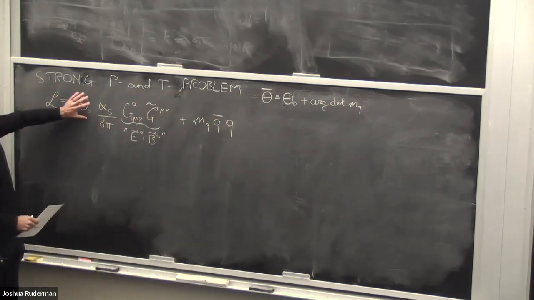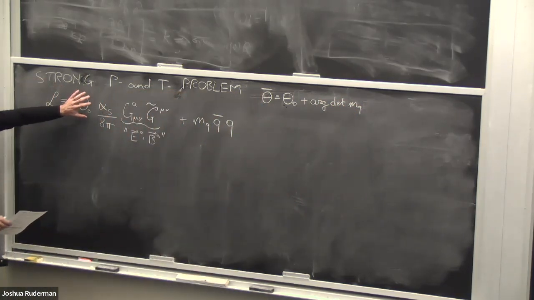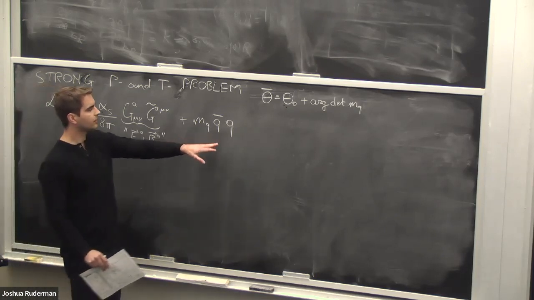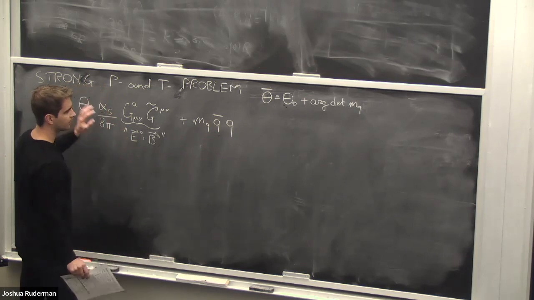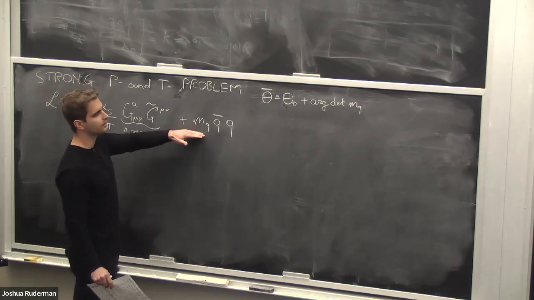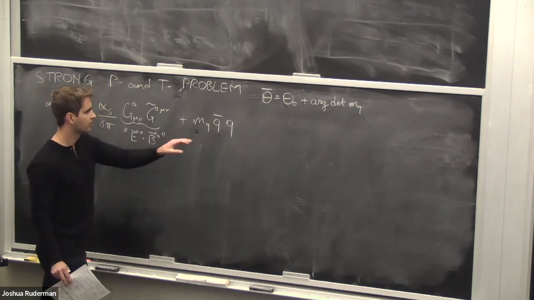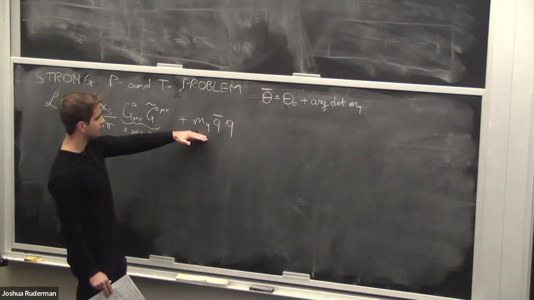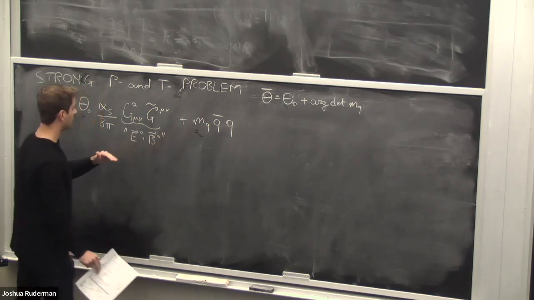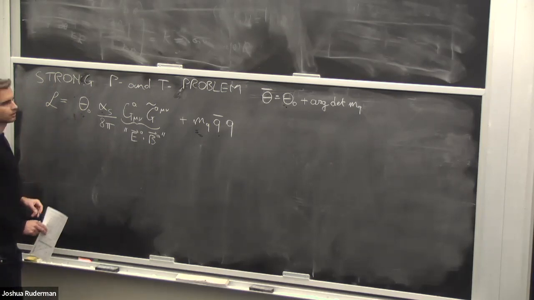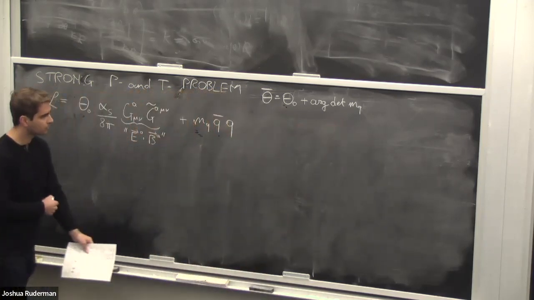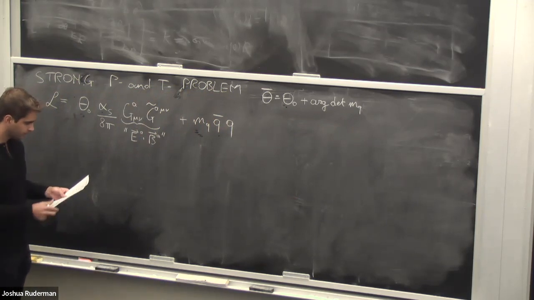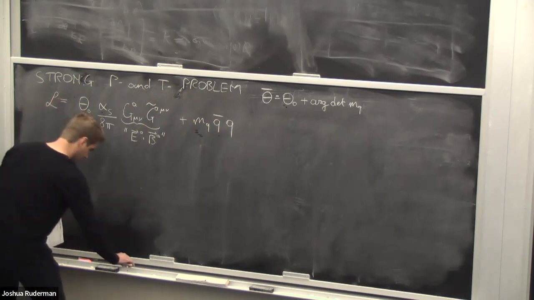So basically, I can eliminate this phase by doing a field redefinition. I can just redefine what I call a quark to eliminate it and to rotate this phase into the quark mass matrix, and vice versa. I can get rid of all of the phases in the quark mass matrix at low energies and rotate it into here. But this combination here is physical. Theta bar.